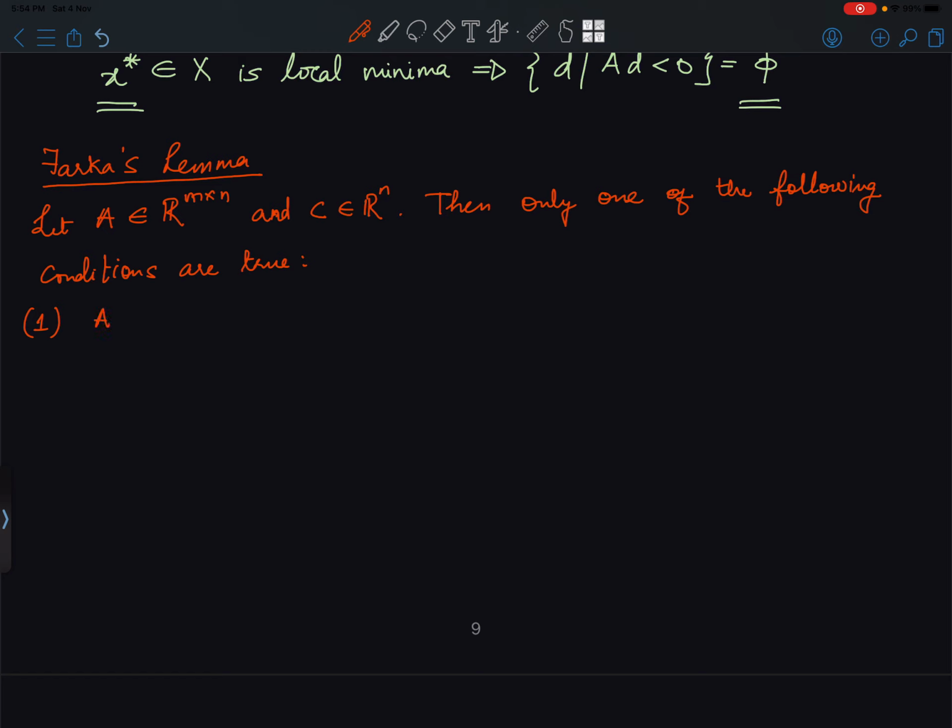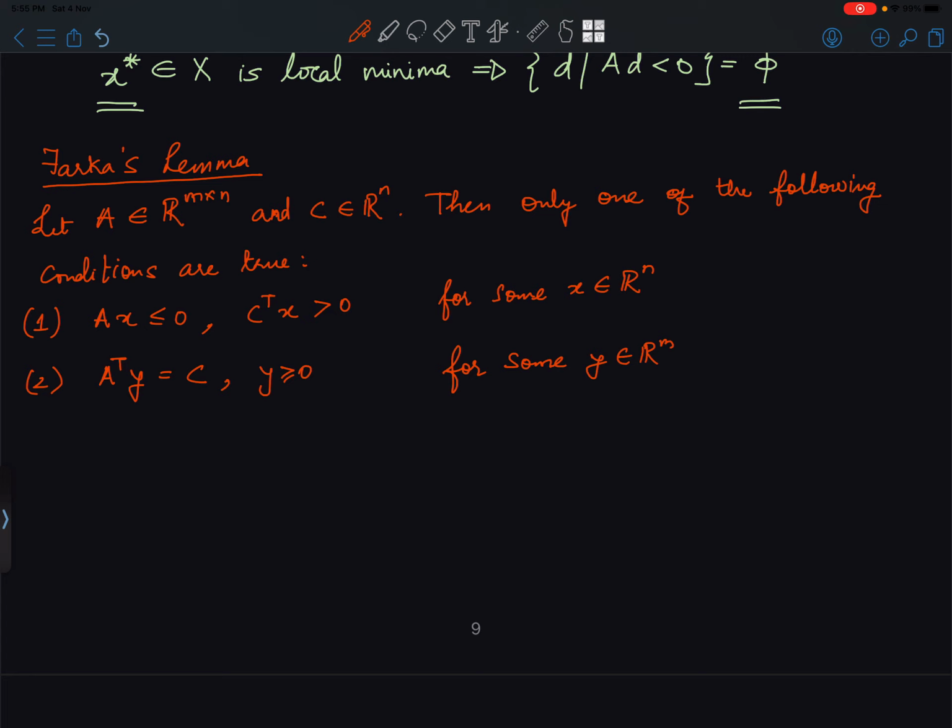First of all, Ax less than 0 and c transpose x greater than 0 for some vector x which is n dimensional, or the other condition is true, which is A transpose y equals c, where y is an m dimensional, non-zero vector y, right? So this is the lemma.